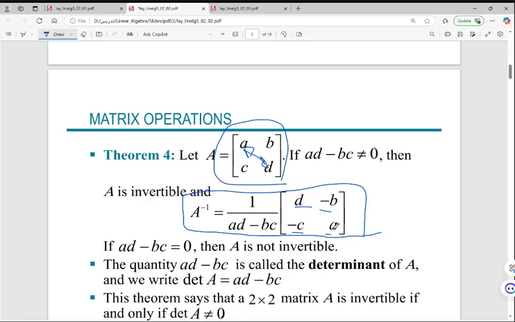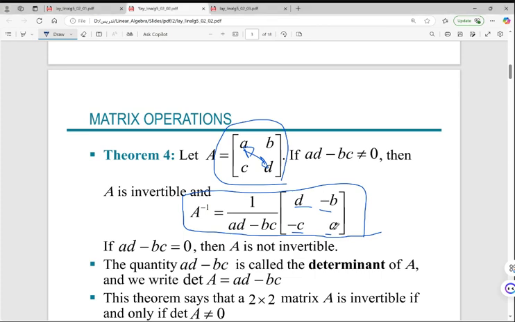How can you verify that A minus 1 is the correct inverse of matrix A? So this is a claim, right? So someone should verify that this formula given for A minus 1 is correct. How can we verify this?